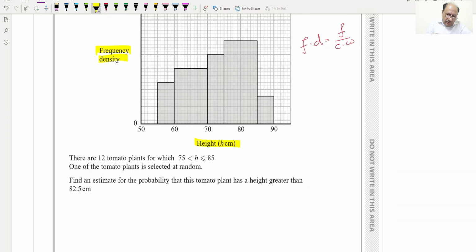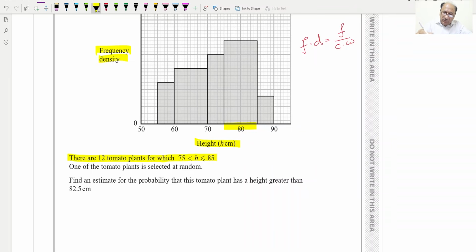And they have provided this one: there are 12 tomato plants for which h is 75 to 85. So 75 to 85 is this much.